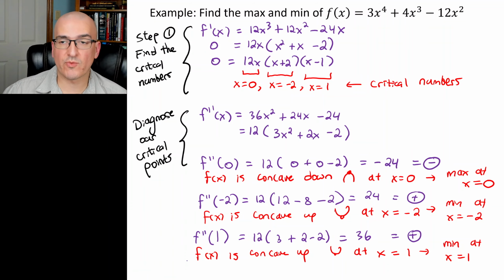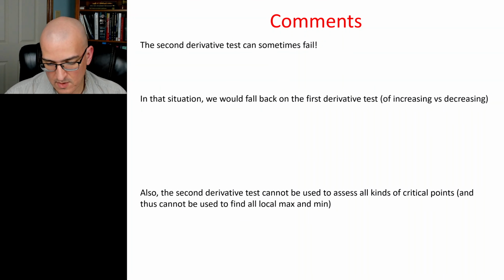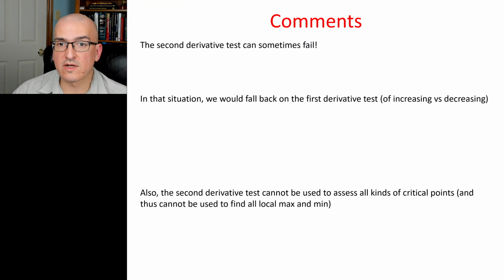And in this example, it worked out cleanly, worked out neatly. So I already mentioned all of this, that the second derivative test can fail. If it fails, it'll fail by giving you a 0 when you plug in the critical number, which gives you no information. It doesn't give you any concavity information.